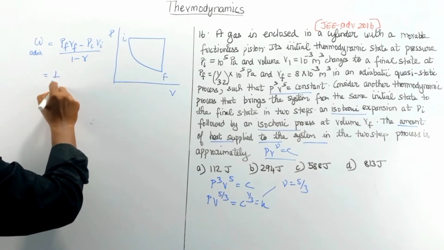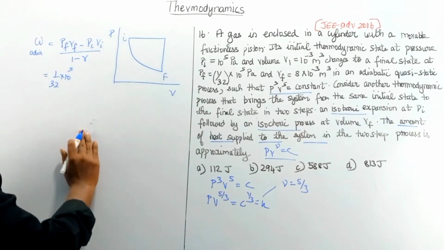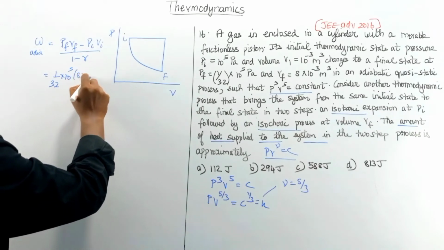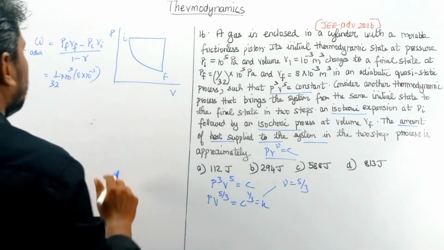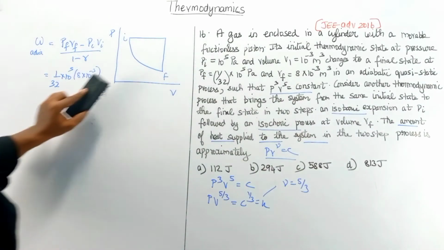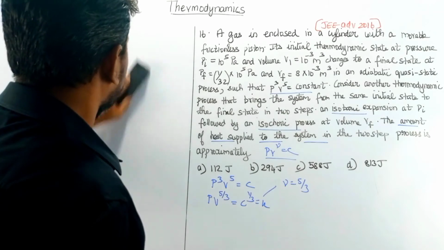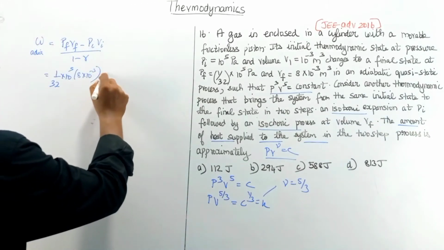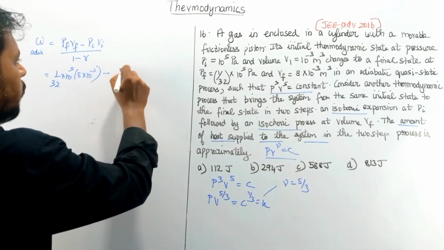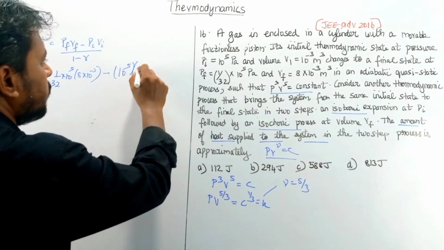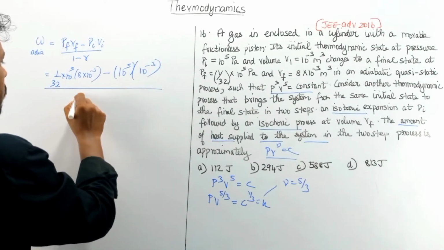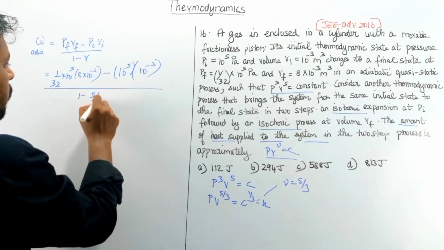They have given 1 by 32 into 10 power 5, into the final volume, which is 8 into 10 power minus 3, minus the initial value: 10 power 5 for pressure and 10 power minus 3 for volume. This is divided by 1 minus 5 by 3.